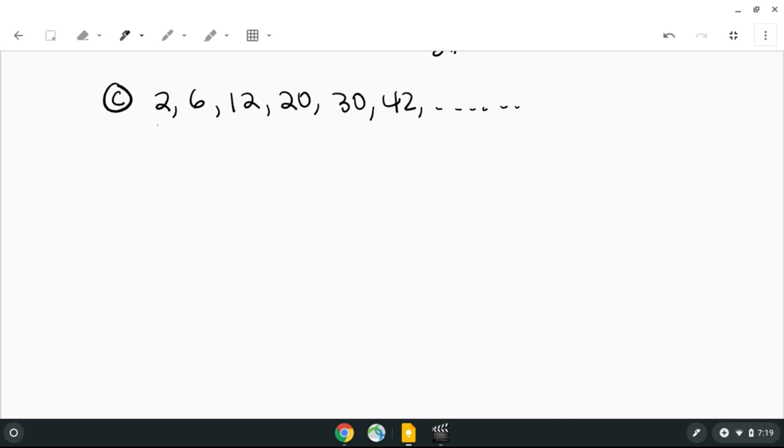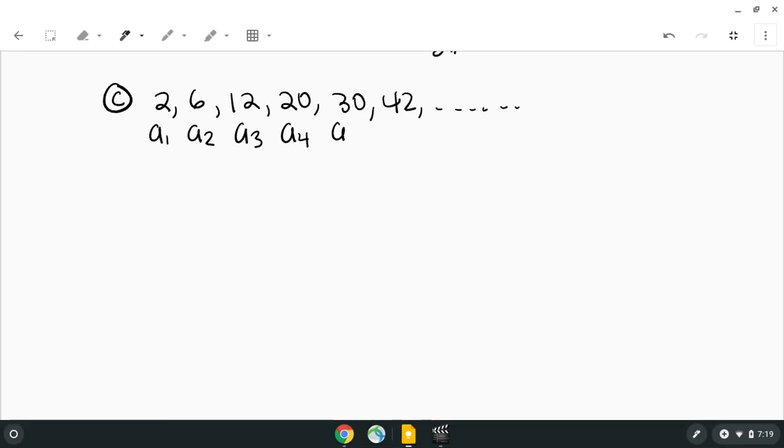Okay, so this is A1. When you plug in 1, you get 2. When you plug in 2, you get 6. When you plug in 3, you get 12. When you plug in 4, you get 20. When you plug in 5, you get 30. And when you plug in 6, you get 42.